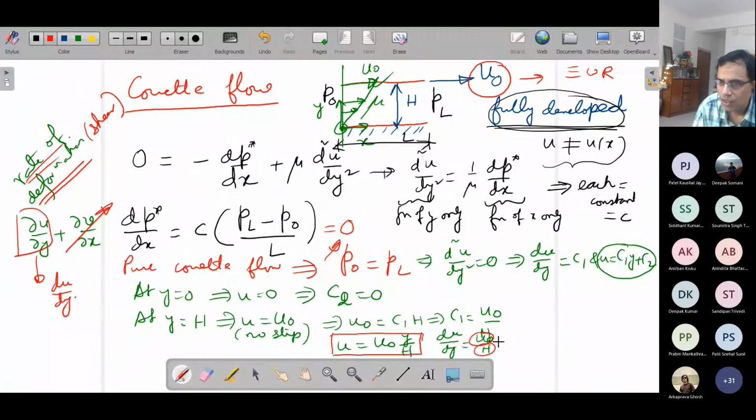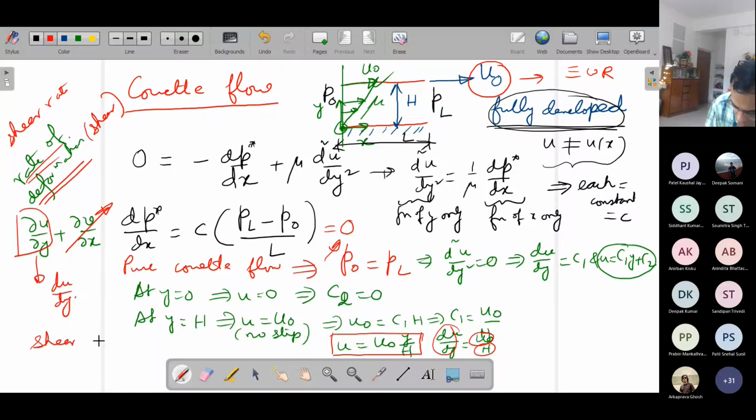That means if you want to impose a constant shear rate, you can design it by equating the shear rate with u0 by h. You can choose your u0 and your h so that this corresponds to your desired shear rate. In that way, this conceptual setup can mimic a shear driven flow.